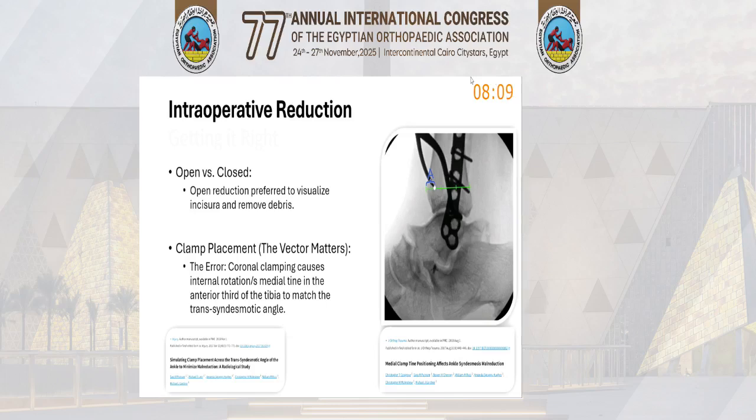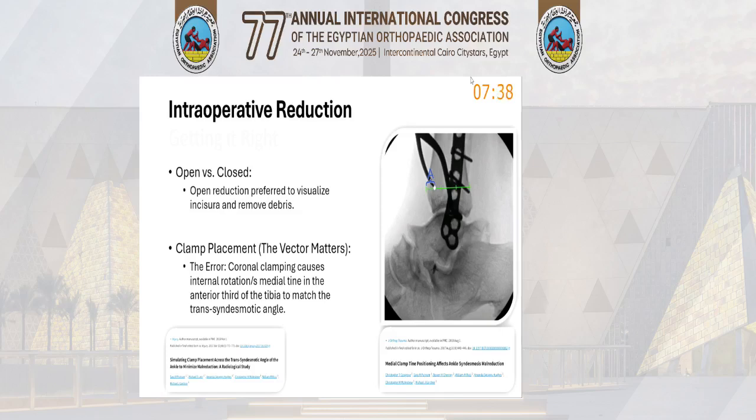There is a paper speaking about the clamp placement and where the ideal position of the tines of the clamp is. The common error when we just put the clamp on the lateral and the medial is that you can make internal rotation of the fibula and anterior translation. And they recommended in this study to make the tine, or the limb, of the medial limb on the tibia be in the anterior third.